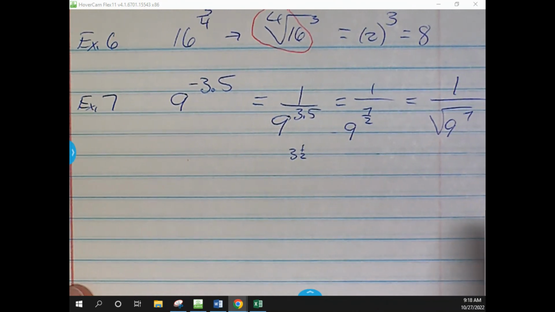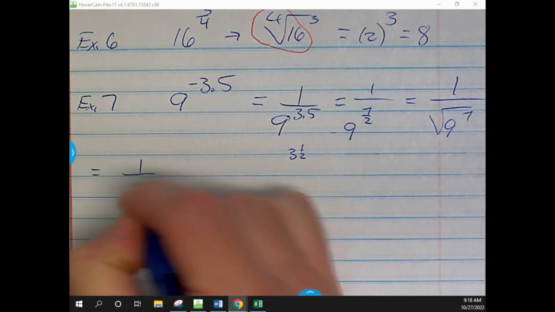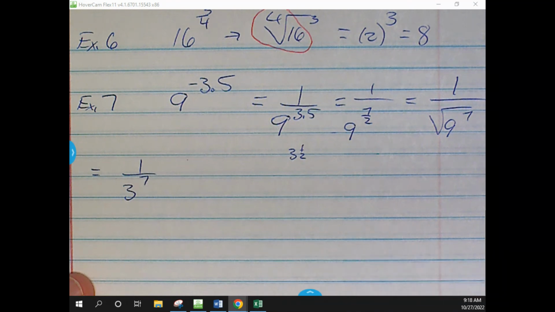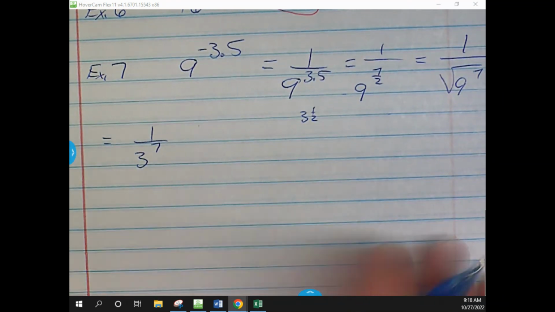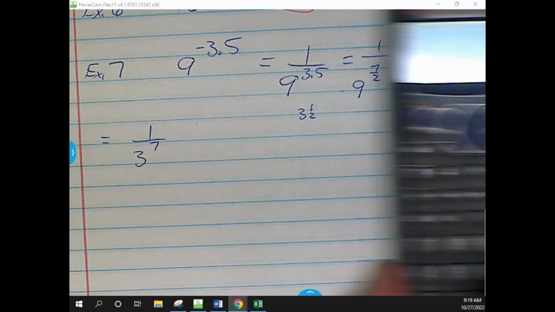All right, again, I ask the same question. Does anybody know 9 to the 7th power right off the top of your head? No. Does anybody have the square root of 9 off the top of your head? 3. That's 3, right? So we can make that 1 over 3 to the 7th power, and then we can just use our calculator to do 3 to the 7th power. And that's 2187.